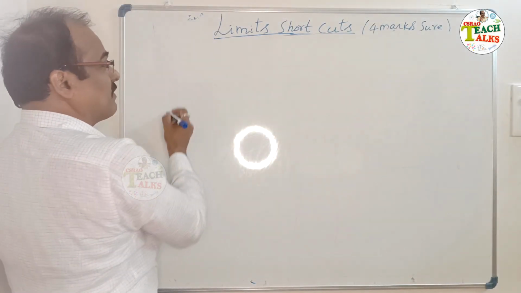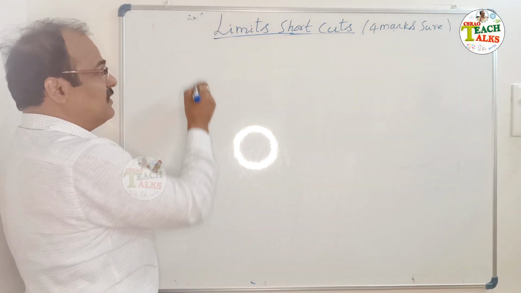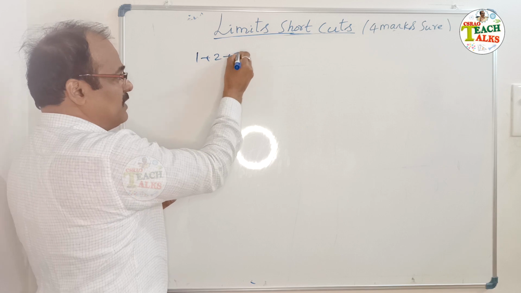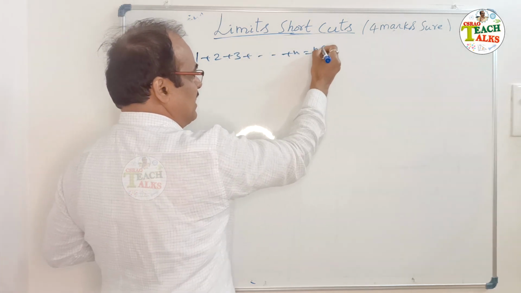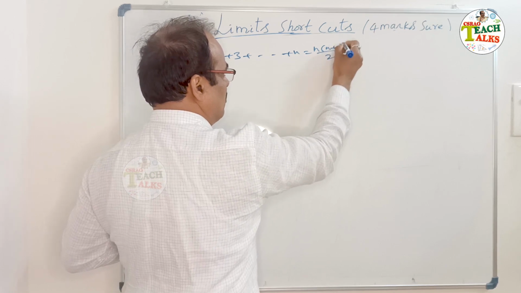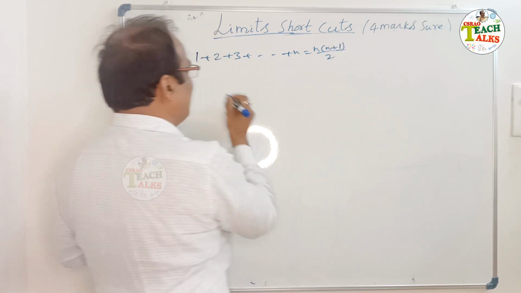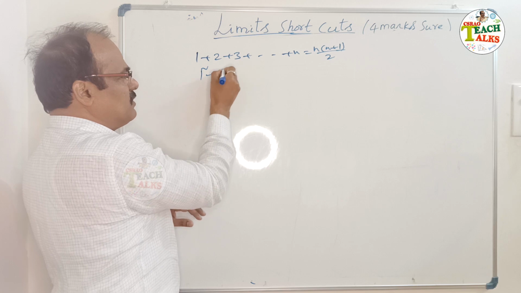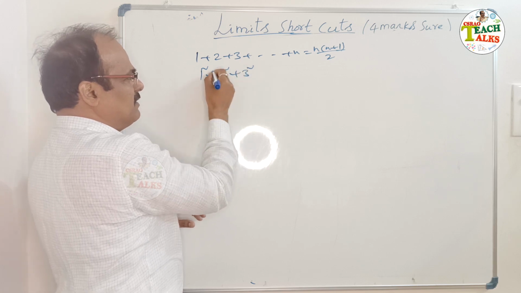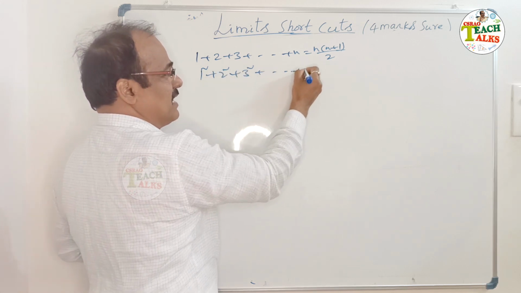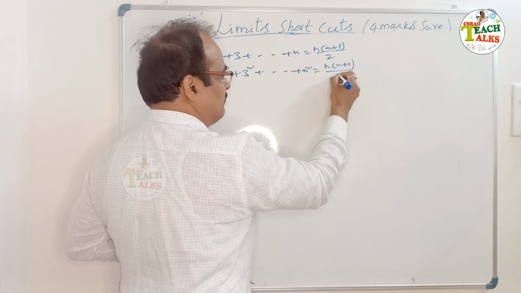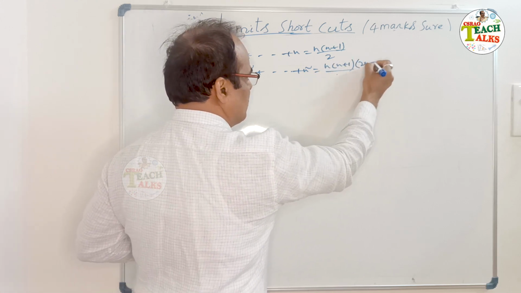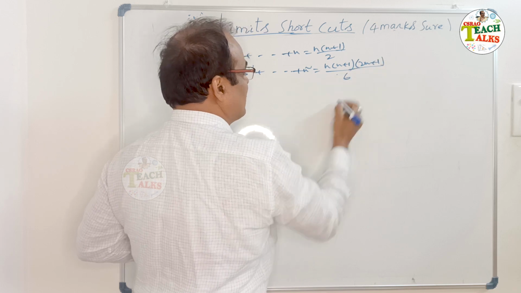Now, you know the sum of 1 plus 2 plus 3 plus and so on plus n is n into n plus 1 by 2. This is the sum of the natural numbers. You know, 1 square plus 2 square plus 3 square plus and so on plus n square is n into n plus 1 into 2n plus 1 divided by 6.